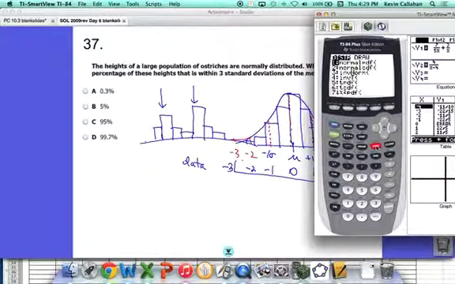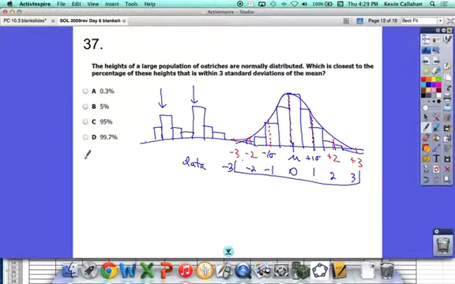We only use 2. 2 calculates the area underneath the curve. So when I hit 2, on your screen, yours doesn't look like that. This emulator, which is on my computer, doesn't show the same thing yours does. Yours looks like this: lower, upper, mean, standard deviation.